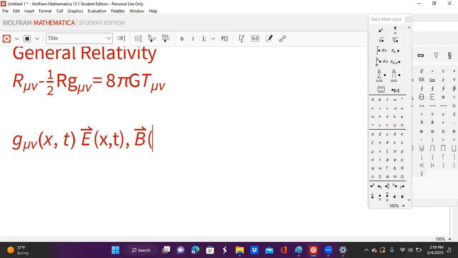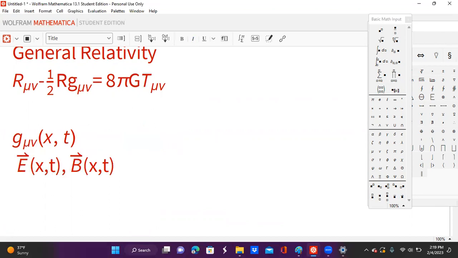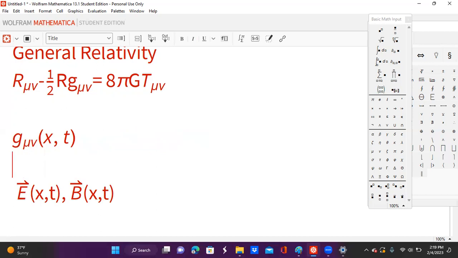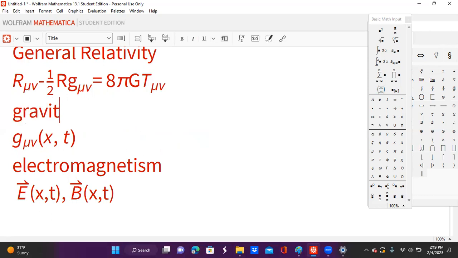And then you're all like of x and t, and it's all like, whoa, space, time. Electromagnetism. Gravitational field. Gravitation.